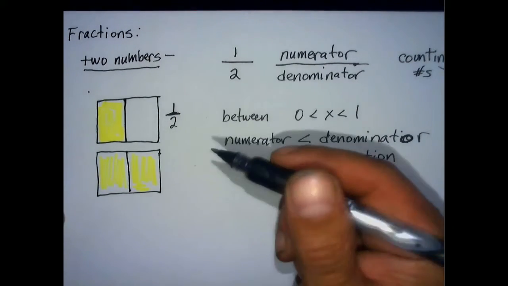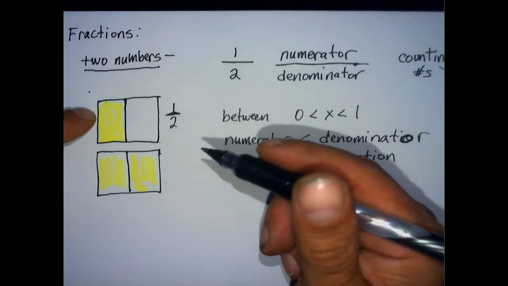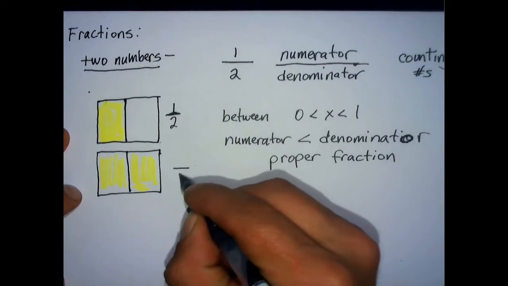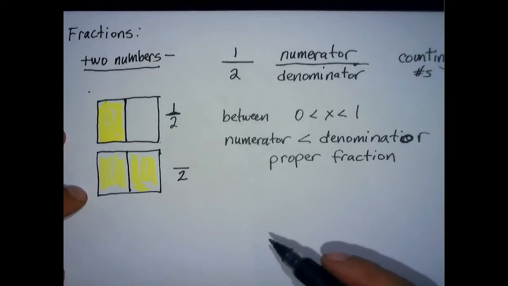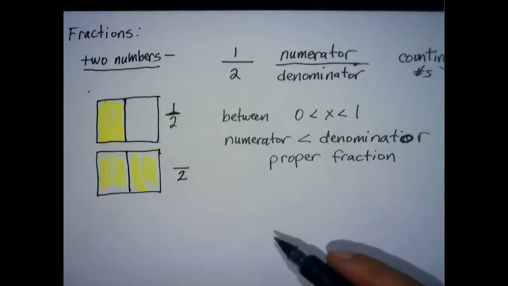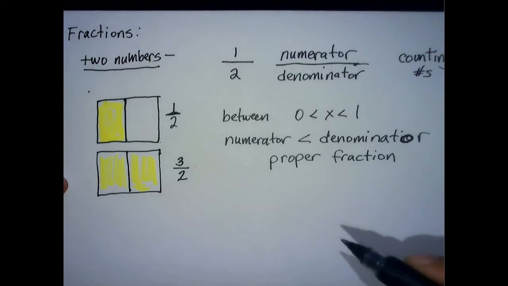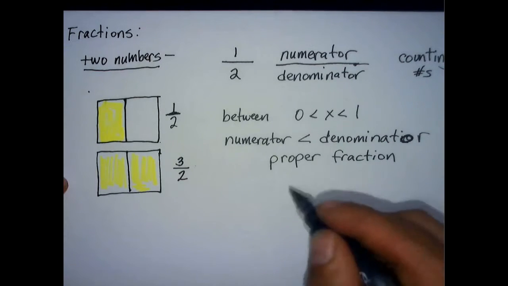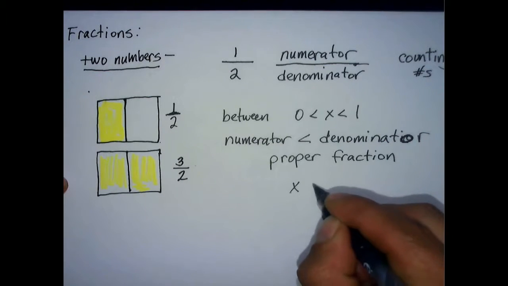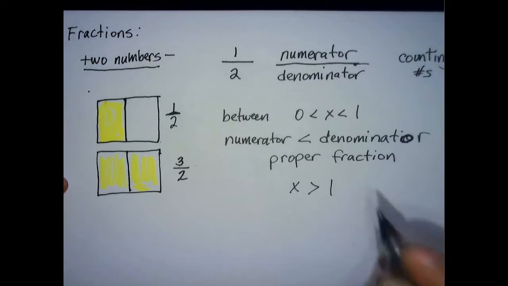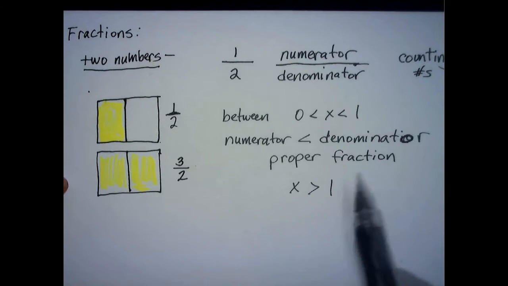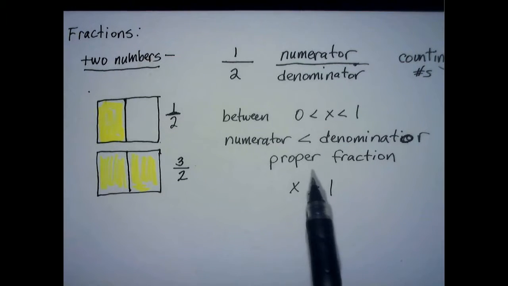Now each box is divided into 2 parts, but I have 1, 2, 3 halves. This number is greater than 1. We'll just call this number X. X is greater than 1. I know we haven't talked about inequalities, so instead of writing it out, I want to use simple abbreviations.